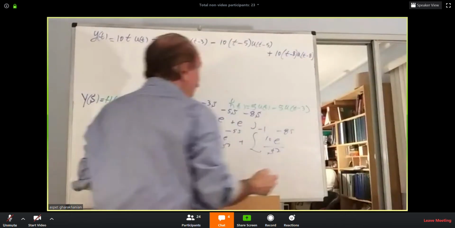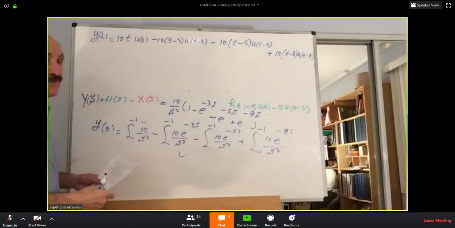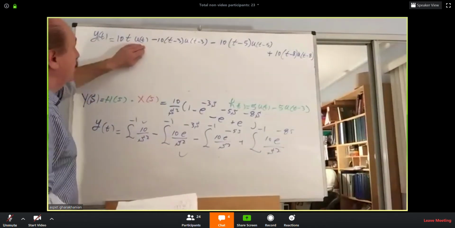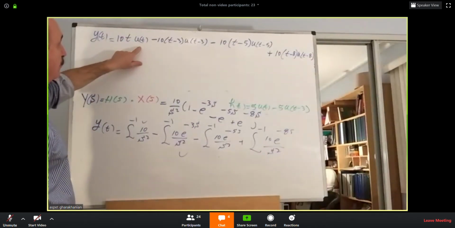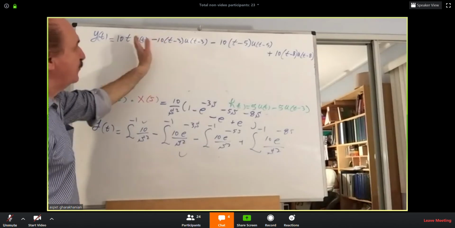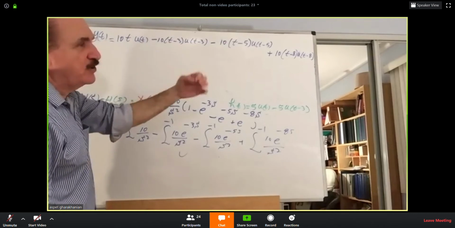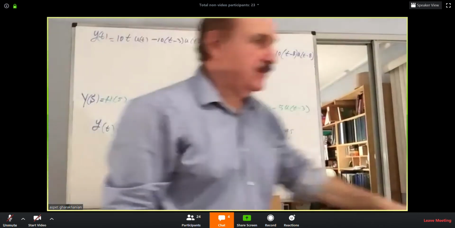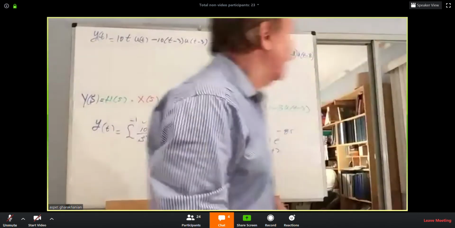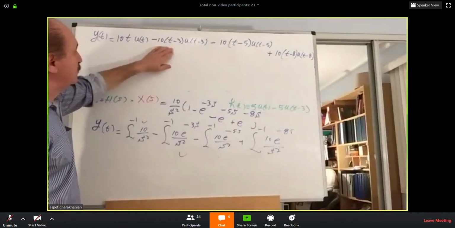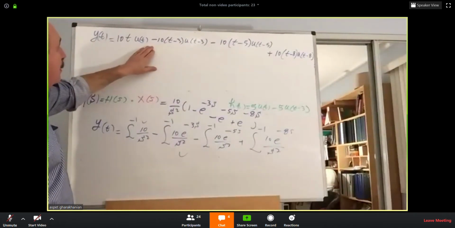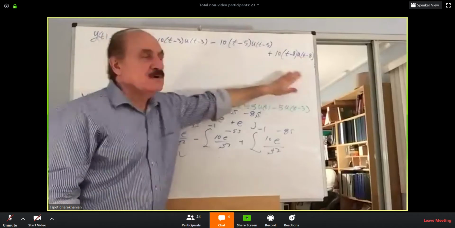So bear in mind the properties of these functions. For the time interval from 0 all the way to just before 3, say 2.99, all these shifted terms vanish.